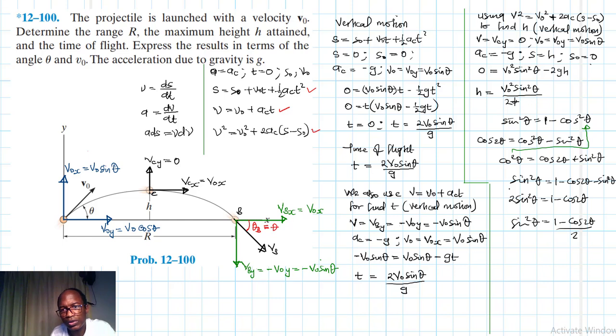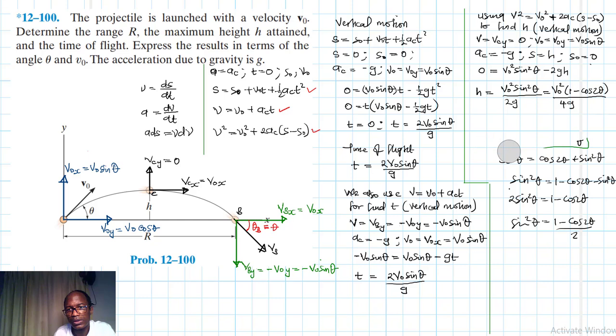This is just going to be equal to v naught squared, and then we have 1 minus cos 2 theta, divided by, there's a 2 underneath there, so the 2 and the other 2 multiply, then we have this. Okay, is everything fine? I think so.